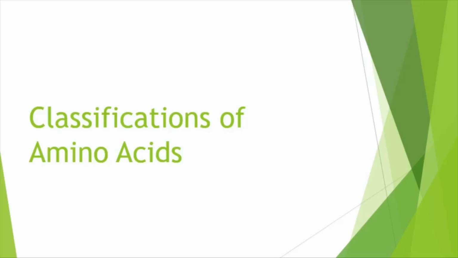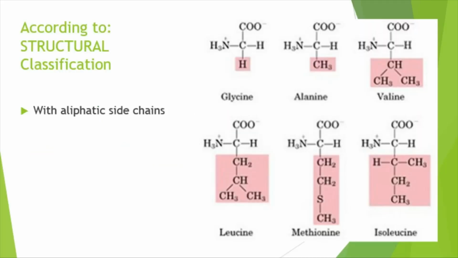So what are the different classifications of your amino acids? So first, it depends on the structural classification. First, it depends on the aliphatic side chain that is present. When we say aliphatic, again, it's a hydrocarbon. It has carbon and hydrogen atoms in the group.